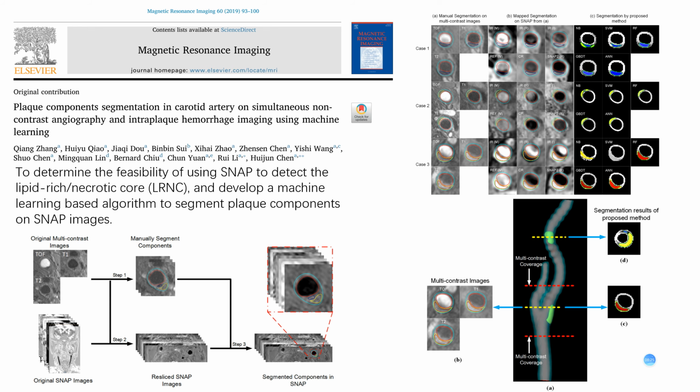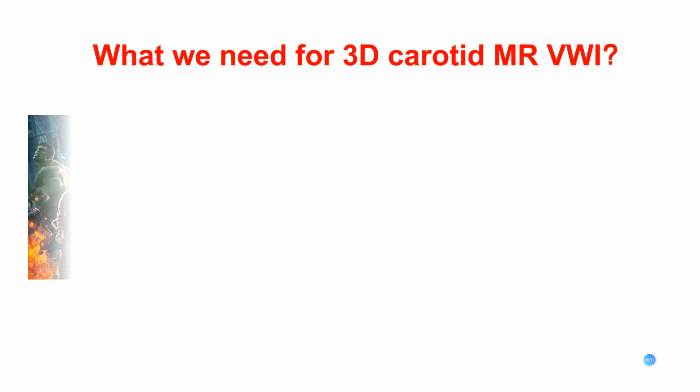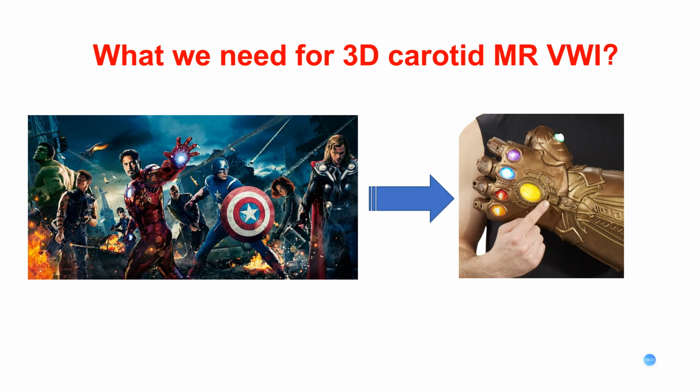These efforts might be promising for atherosclerotic plaque component assessment. And what do we need for 3D carotid MR vessel wall imaging? I think it's not a hero's hard fight. We all radiologists prefer effective image processing tools for efficient quantitative identification of imaging targets, as easy as snapping our fingers.